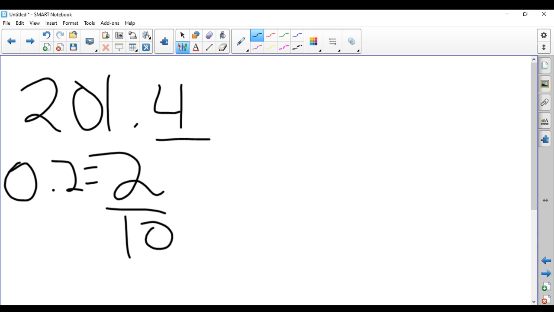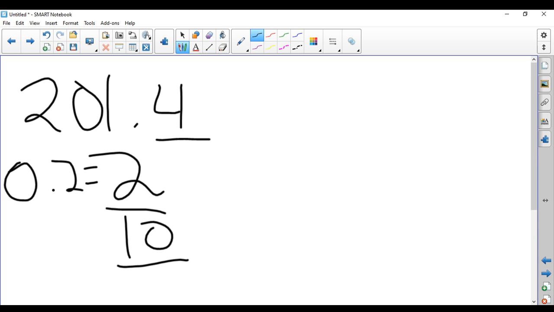I do not want to simplify. And if it is simplified, I want to make the lowest common denominator a 10, a 100, or a 1000 in order to do my math today. So anytime I see a decimal, as long as my denominator is 10, 100, or 1000, I'm looking great.